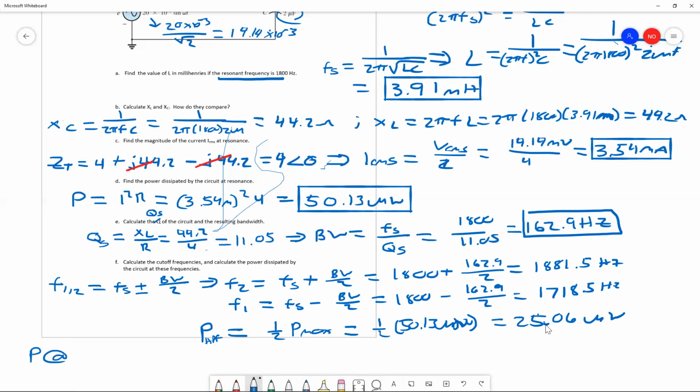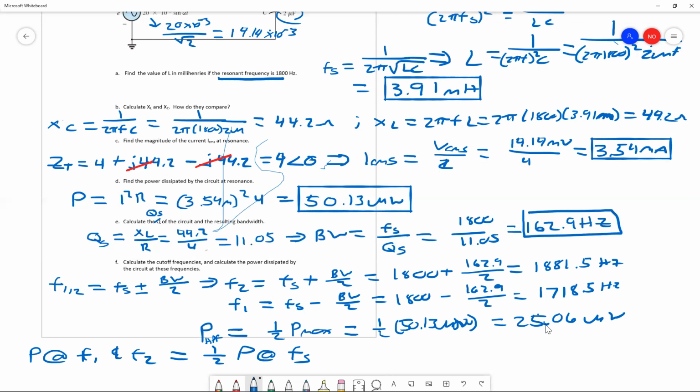Power at F1 and F2 is equal to 1/2 the power at the synchronous frequency or the resonant frequency. So that's basically how you solve for that.